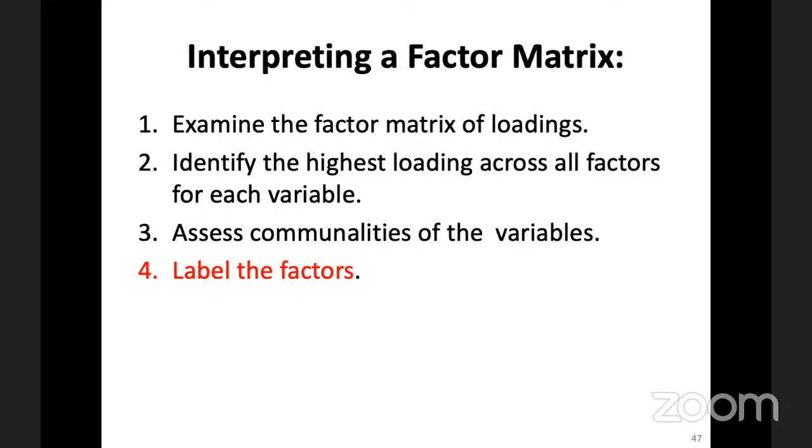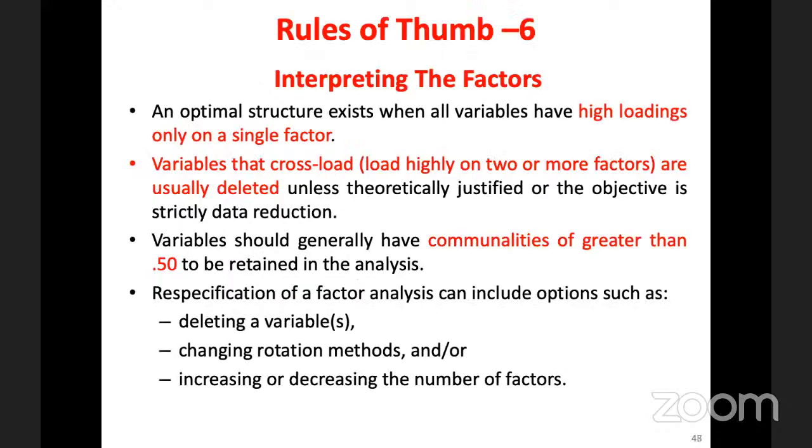Then communalities are also seen. Communality is the commonness of factors and the other variables, and then accordingly we label the variable. The naming of the variable is done.